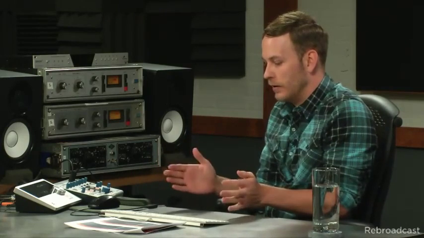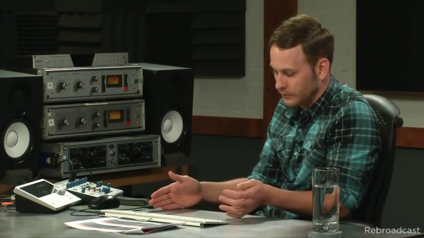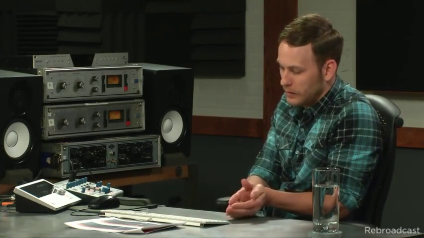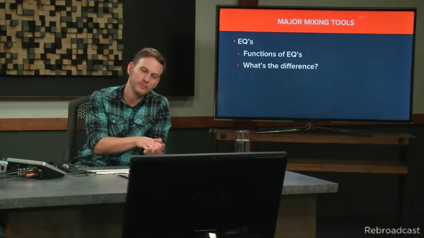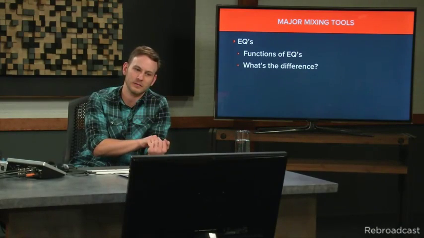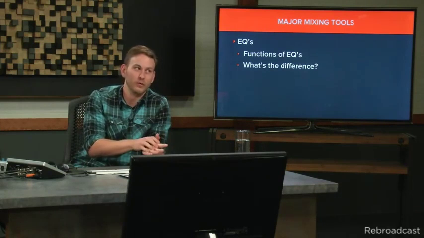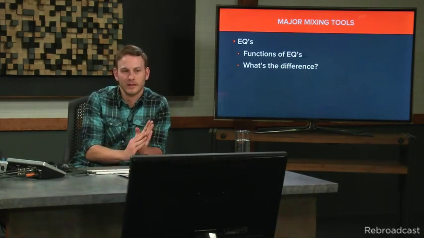And what's the difference between every EQ? Whenever I use the EQ that comes with Pro Tools, it has a really neutral sound. There's not really anything special about it.